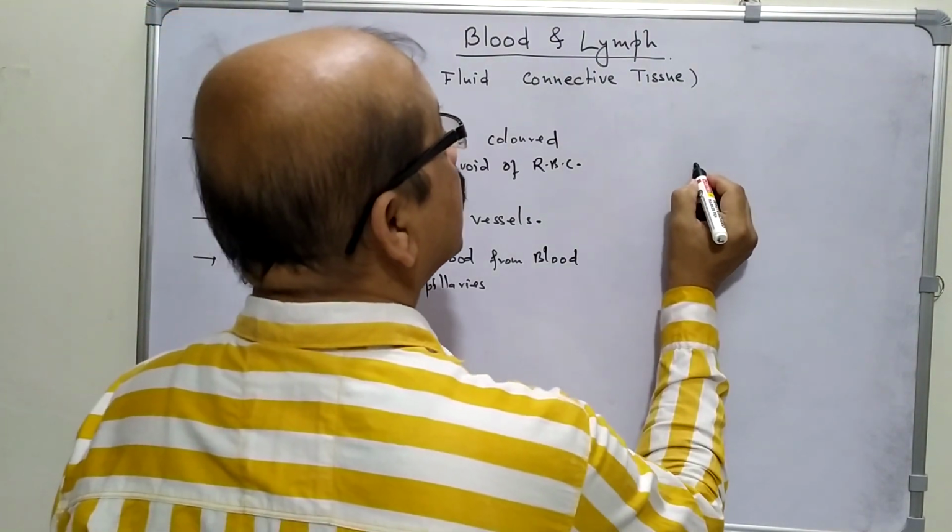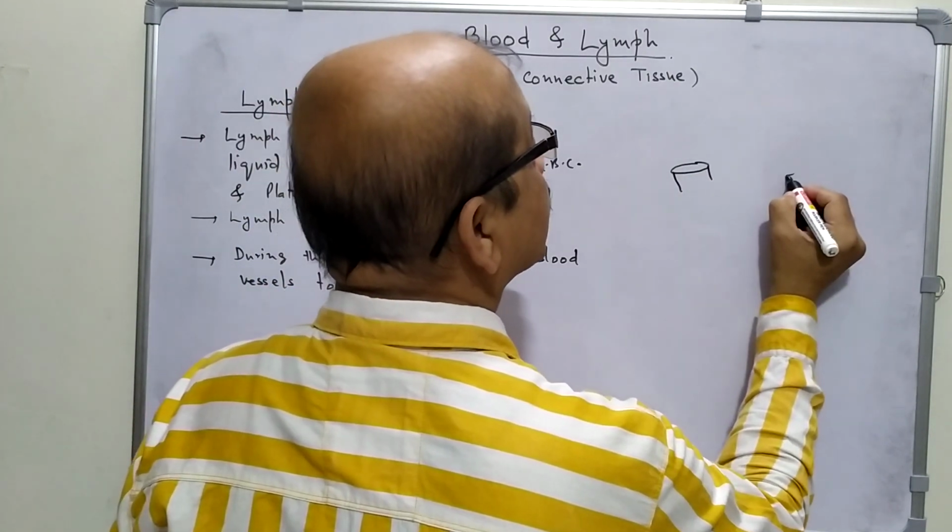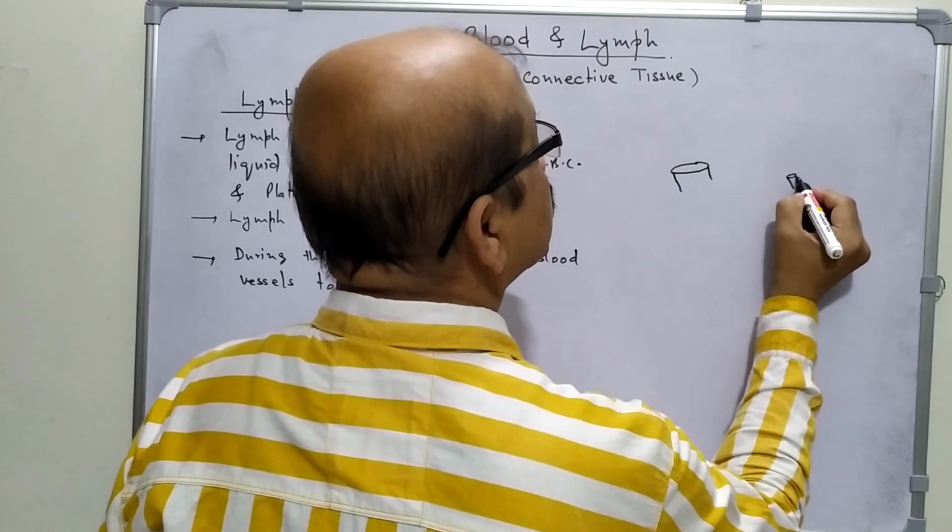Blood vessels have a large diameter, while the capillaries have a shorter diameter.